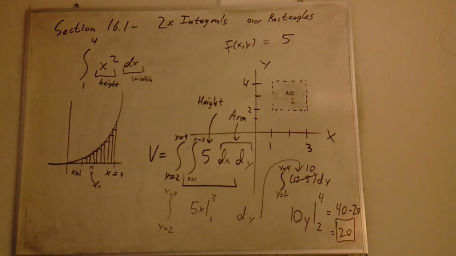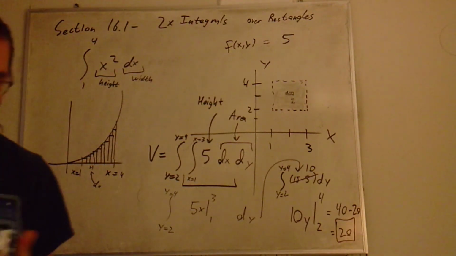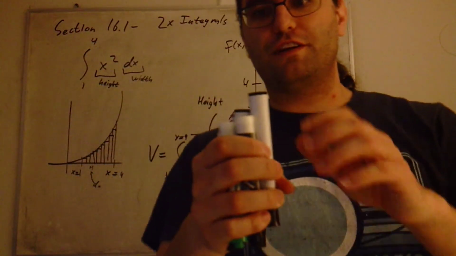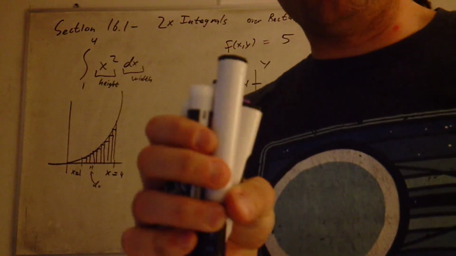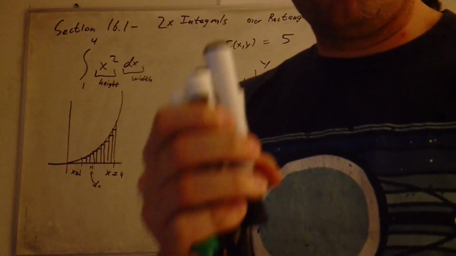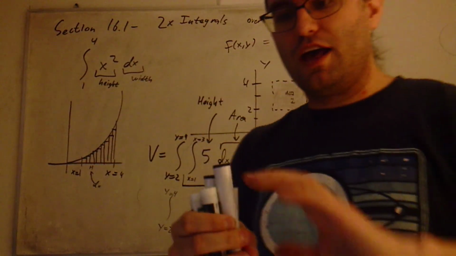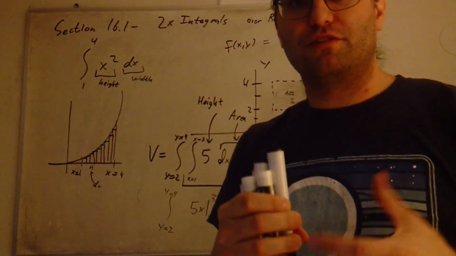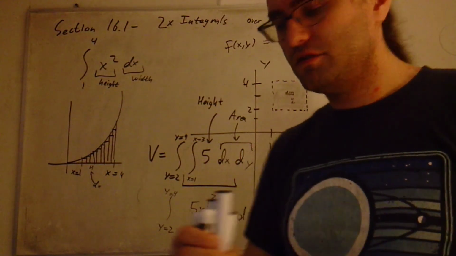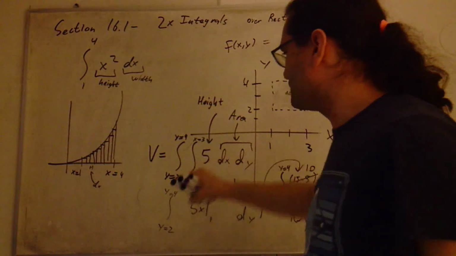Here we go. I got a bunch of markers, so we'll use this. Okay. So we have a bunch of pillars of various heights, and the area underneath these pillars is going to be our dx dy. That's a tiny little chunk of area, and they all have heights, which is giving them different volumes. And then when we add up all the volumes, we get the volume of the whole shape.